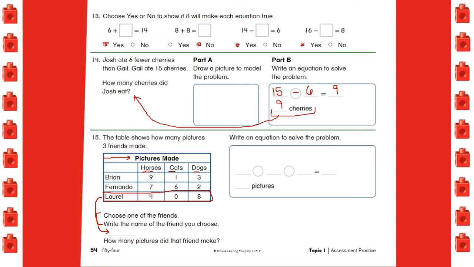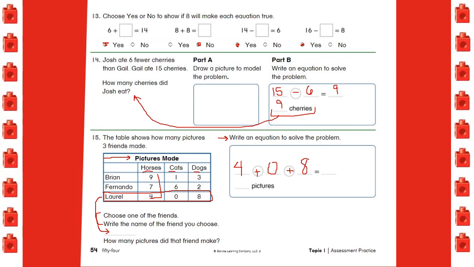Okay. How many pictures did that friend make? Write an equation to solve the problem. Well, I'm going to put 4 because Laurel has 4 horse stickers. And I'm going to put plus 0 plus 8 because Laurel has 8 dog pictures.